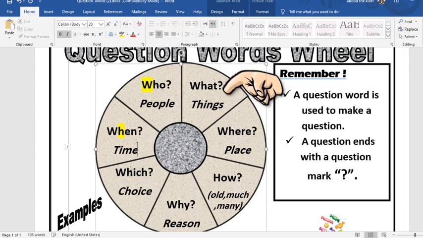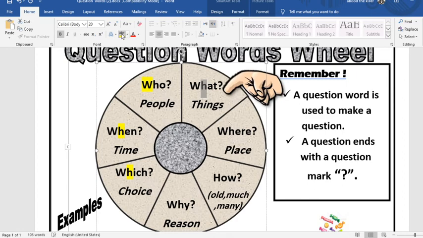Now number three is which. I use which when I need you to choose something, or when I want to know which one is exactly meant by the question. We will see examples now. Next we have what.